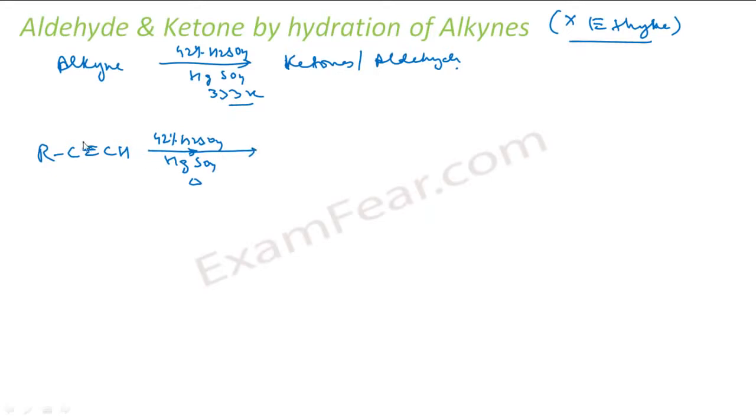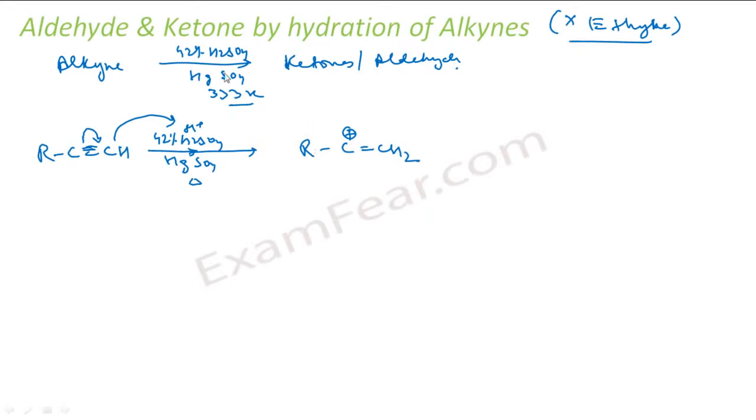This triple bond can break in this fashion or this fashion, right? But if you break in this fashion, you get a stable carbocation as per Markovnikov rule, and this H plus will be attracted by this. So what you get is RC plus double bond CH2. This is a stable carbocation, correct?